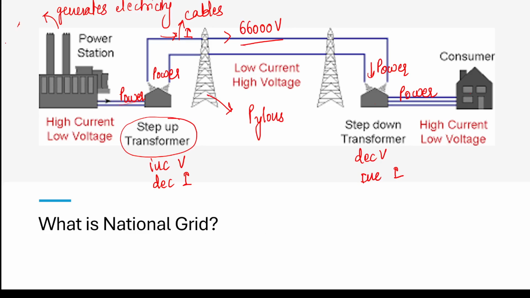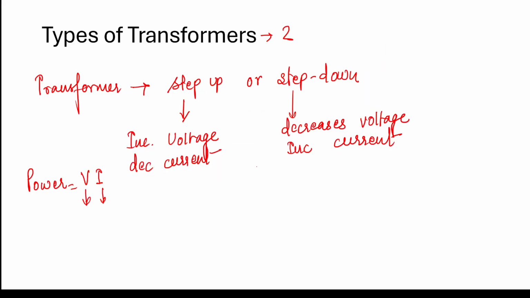A step down transformer decreases that extremely high voltage to a voltage that will be safe for the consumer. What is the voltage in the UK mains? It is 230. So it reduces the voltage to 230. What would happen to the current? It would increase.